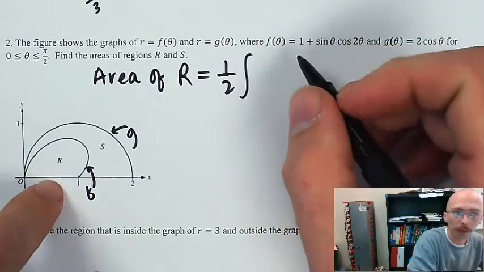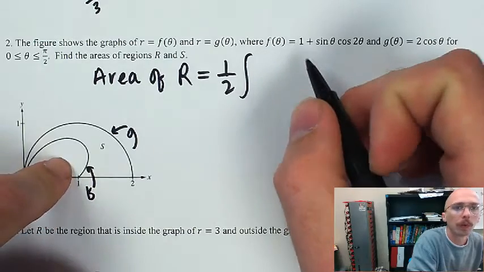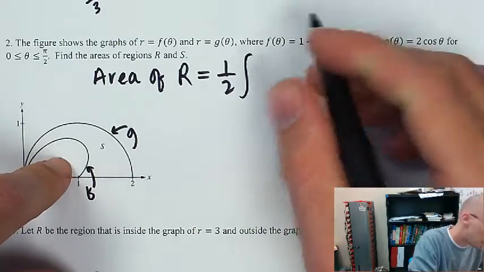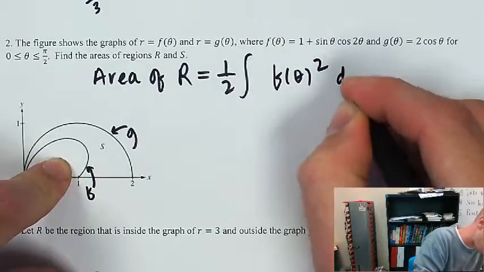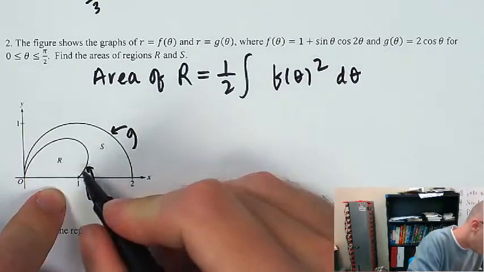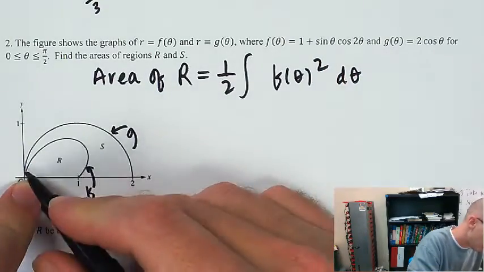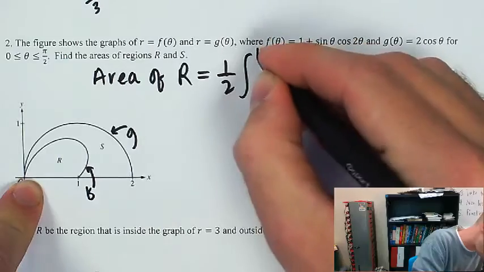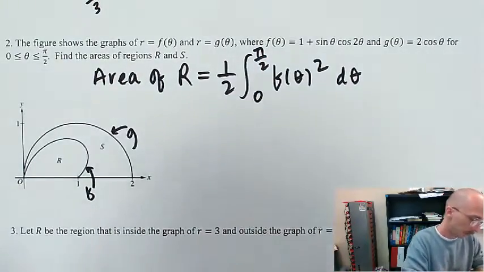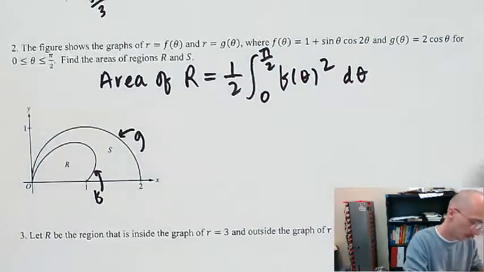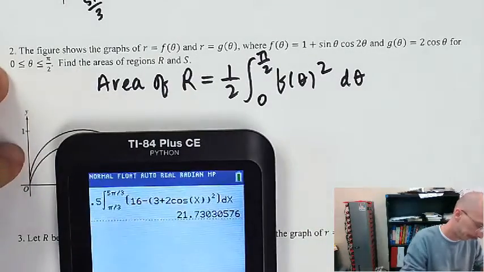Radius squared, not region R. So this is f of theta squared. And we're going to integrate from 0 to pi over 2, because it told us.